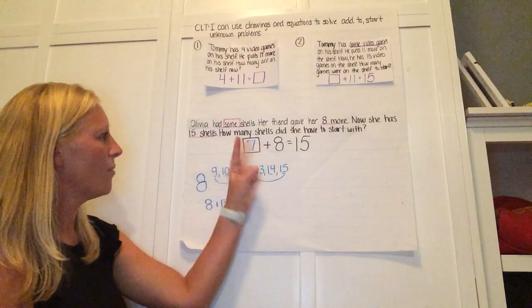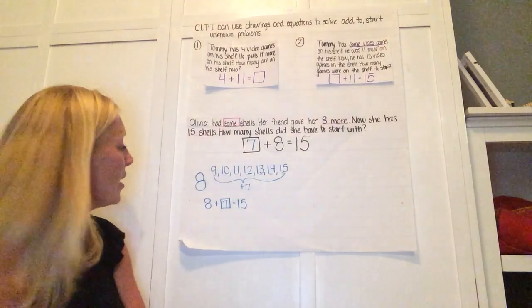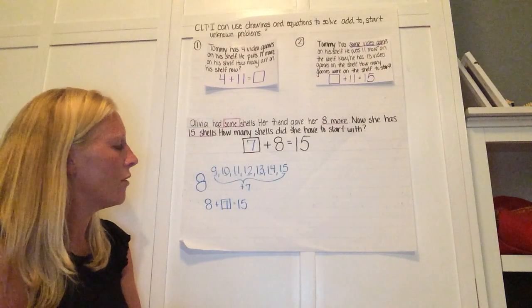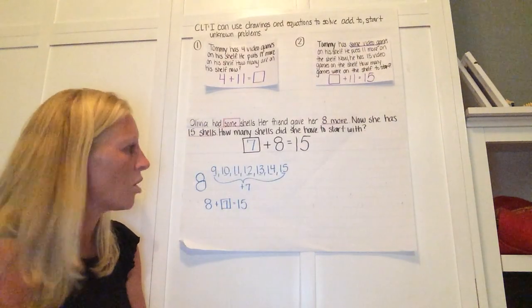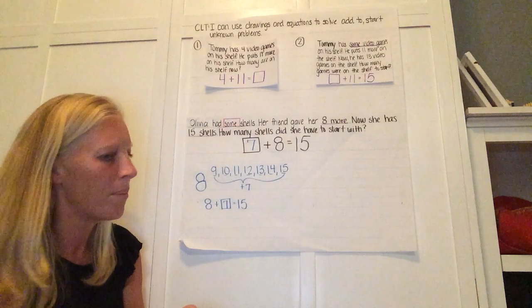So you just flip-flop those. If you know blank plus 8, then you know 8 plus blank. 7 more. It lands you on 15. I'm seeing some wiggle waggles. This was one of those that I saw a lot of solving this problem.